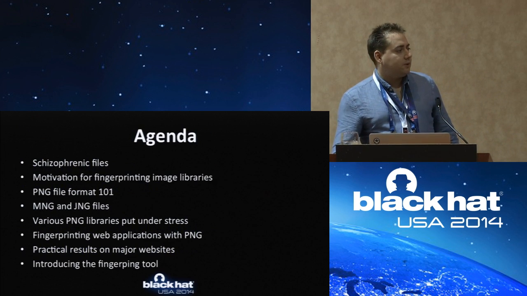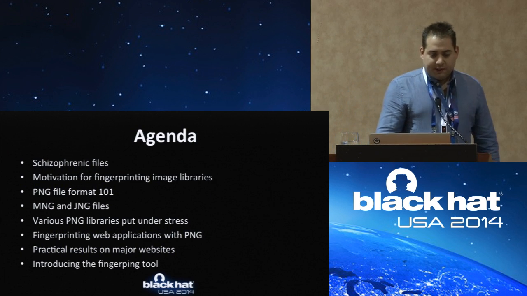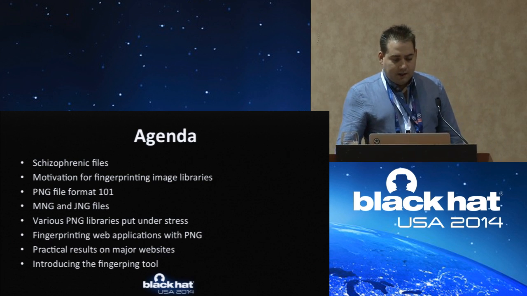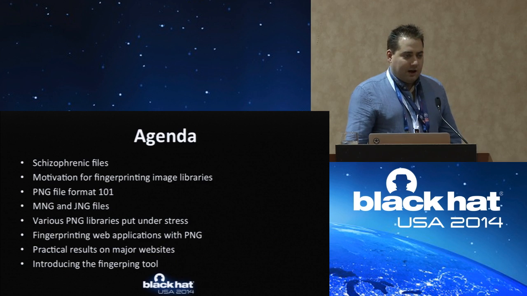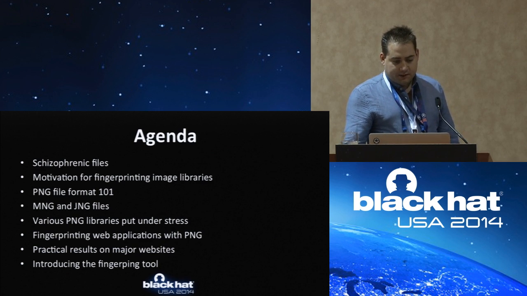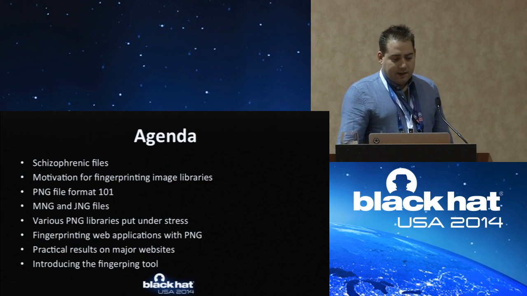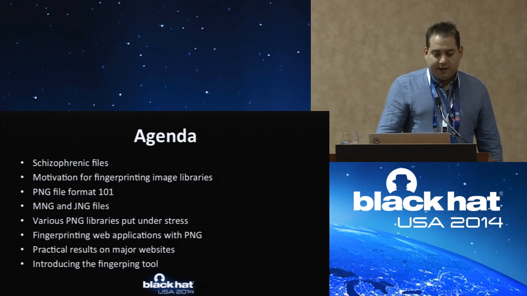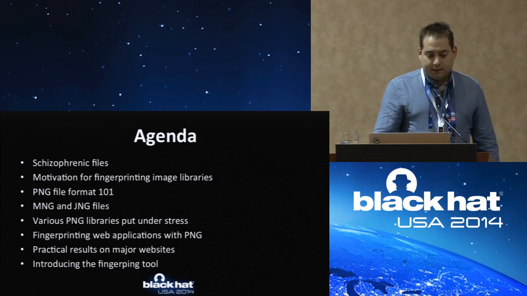So what is this talk about? I will first introduce the concept of schizophrenic files, which you might already know about, and I will explain why it is interesting to fingerprint image libraries. Then I will explain quickly the PNG image file format and MNG and JNGs, which are variations of it.